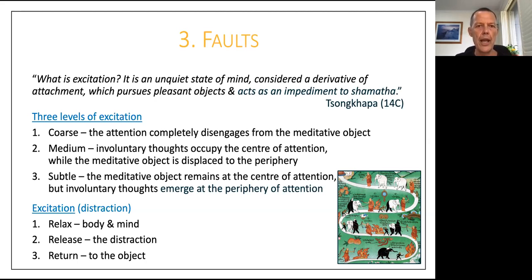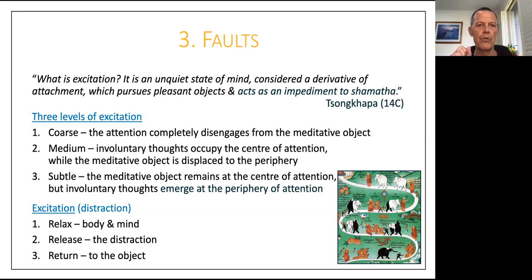Like laxity, we can talk about 3 levels of excitation. Coarse excitation is where we get completely distracted from the object. That's easy to understand. A medium level of excitation is where we're starting to get pulled away by the distraction, but we're still managing to hold on to the object a little bit.